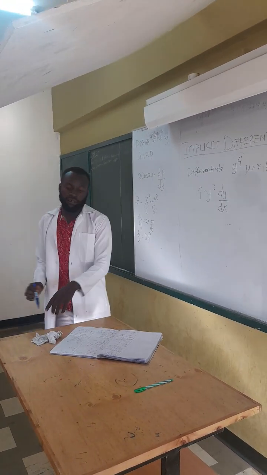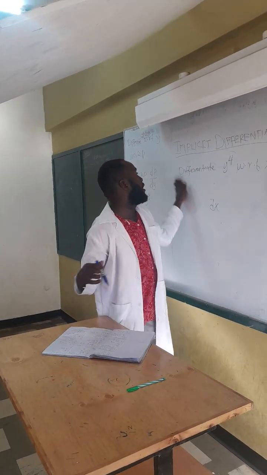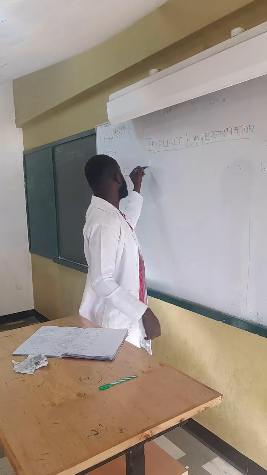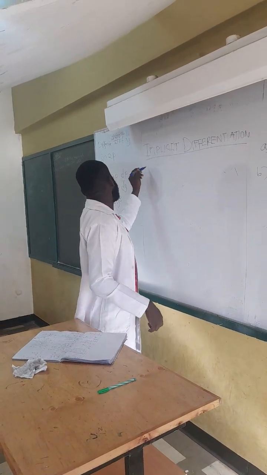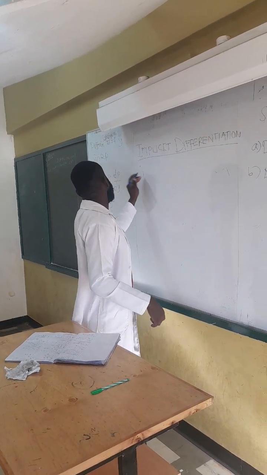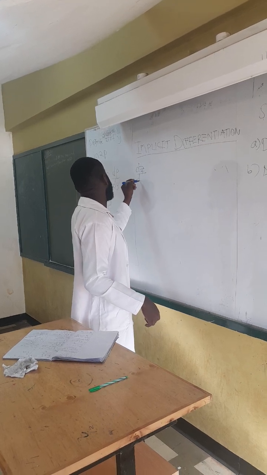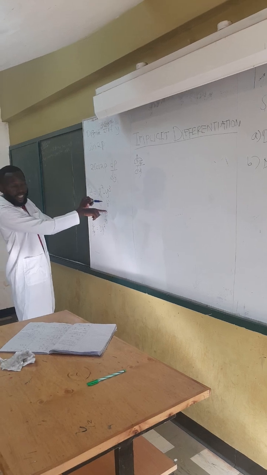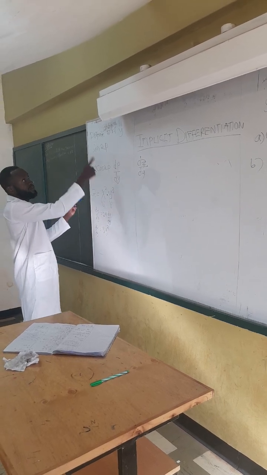So let us recall our product rule formula. Because z is given by x squared y cubed, we differentiate with respect to y.